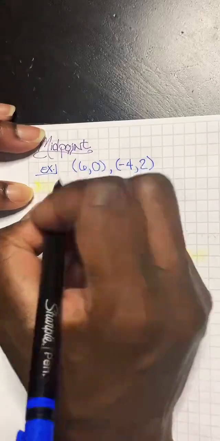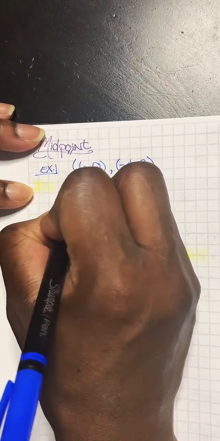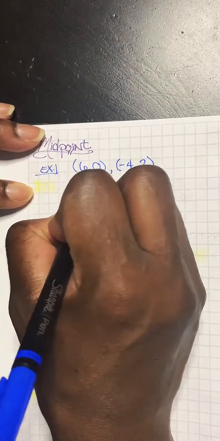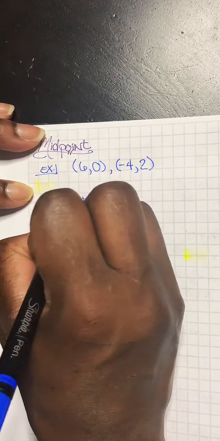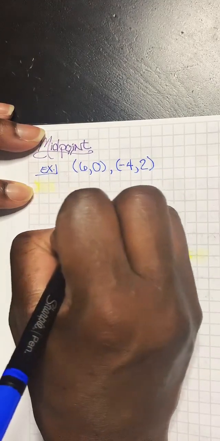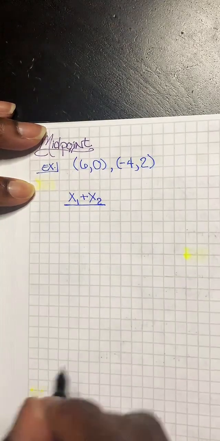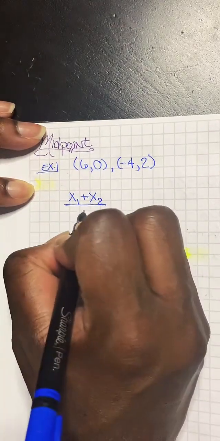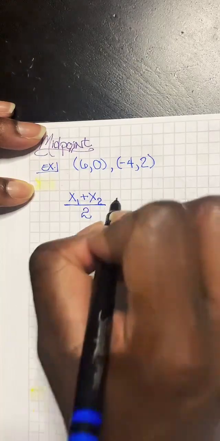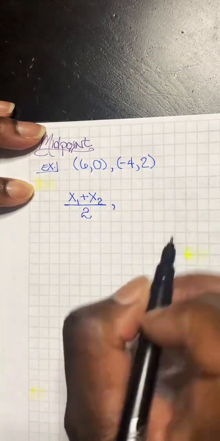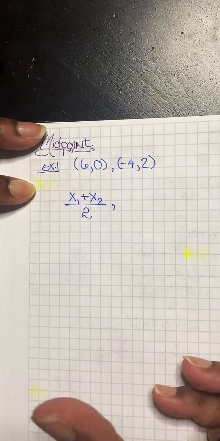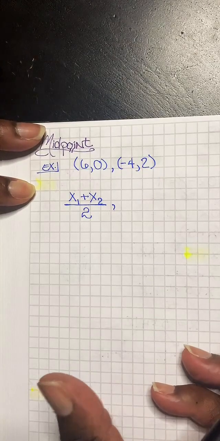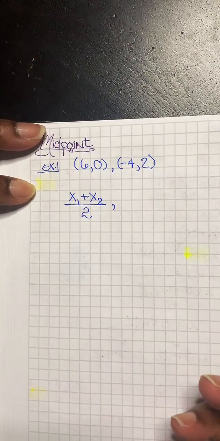So I'm going to take the x's of those 2 points, add them together, and divide by 2. Think about it. If you wanted to find the average, or basically the mean, you would add them up and divide by the number of numbers.